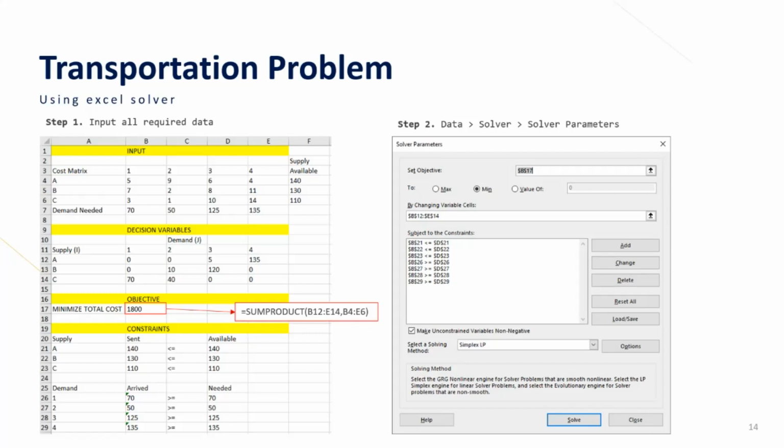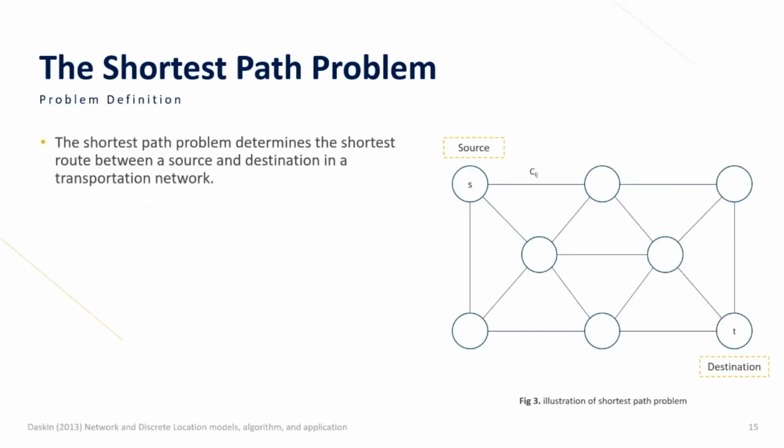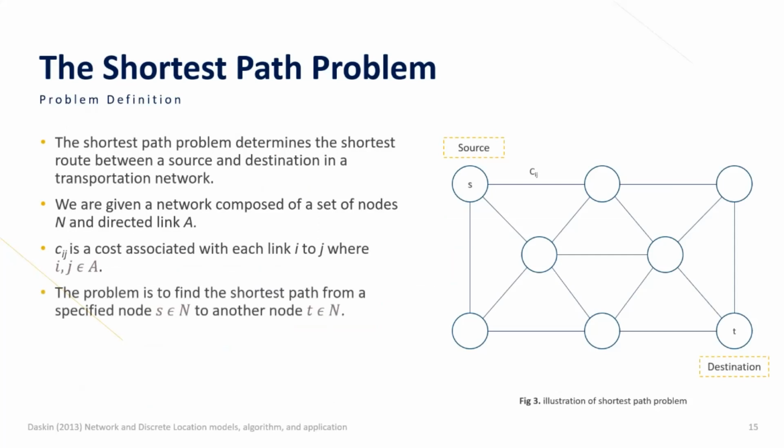So let's move to the next topic. The next model that we would like to discuss is the so-called shortest path problem. This is a model that is discussed in many books and literature, and it is considered one important problem in optimization, because one of the most popular implementations is something we use all the time nowadays.